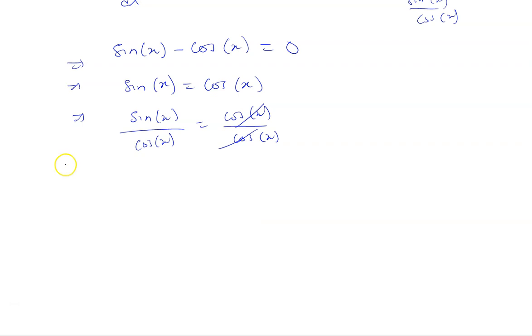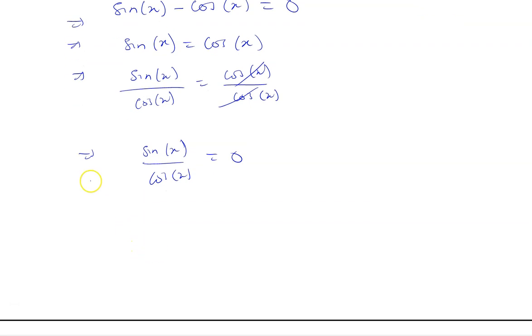Once we cancel both of them, we are going to get sin x over cos x equal to, sorry, not 0. If I divide all of them, I'm going to get 1. So it is 1. So tan x should be equal to 1.